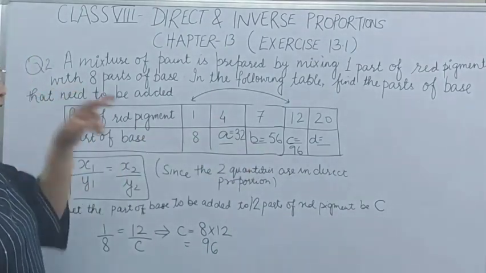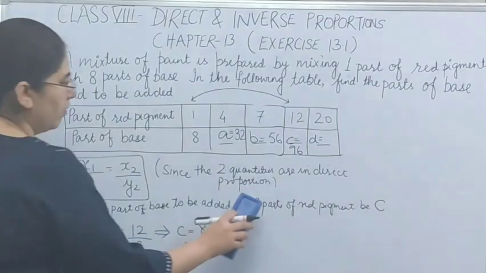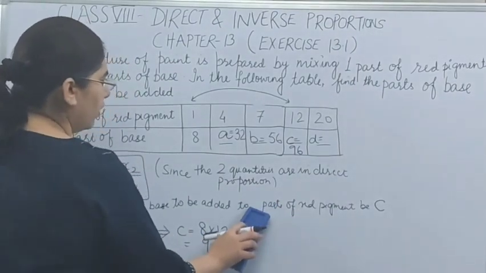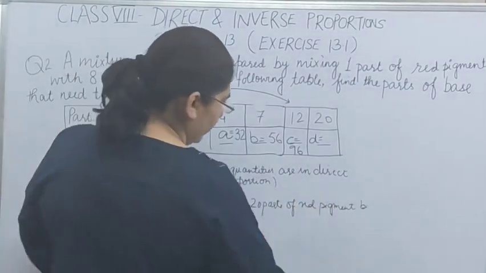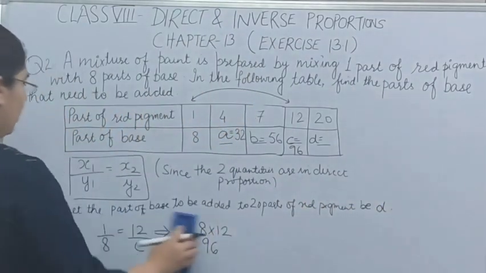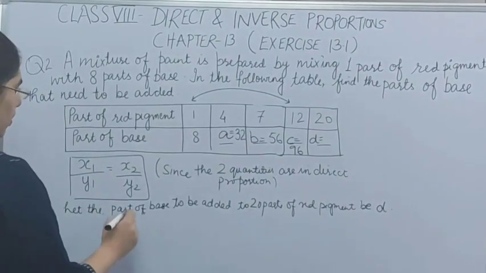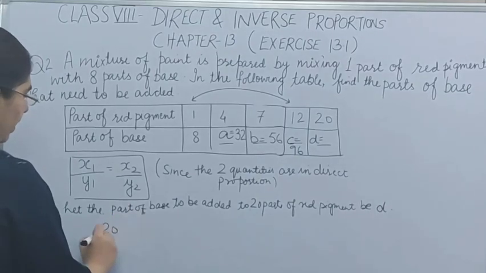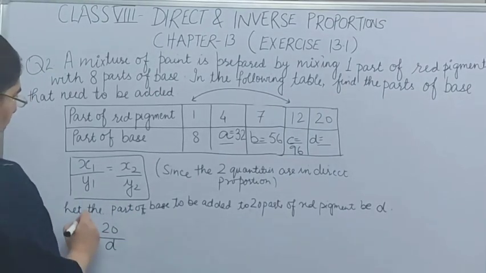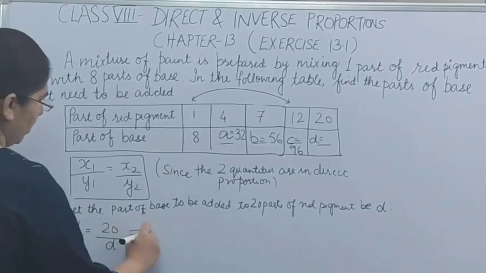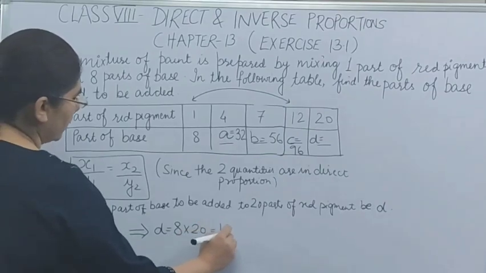And finally, we have to calculate D. We'll just say let the part of the base to be added to 20 parts of the red pigment be D. So just by substituting values here, you get 1 by 8 equals 20 by D, which is D is equal to 8 into 20, that is 160.